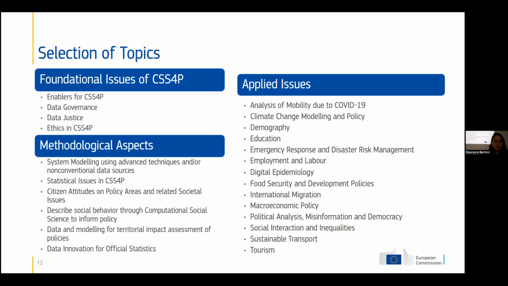Within the JRC, there are different competence centers focused on policy foresight. And one of the main features of the JRC strategy is trying to anticipate policy needs, which definitely comes from the interaction with the policy directorates general.